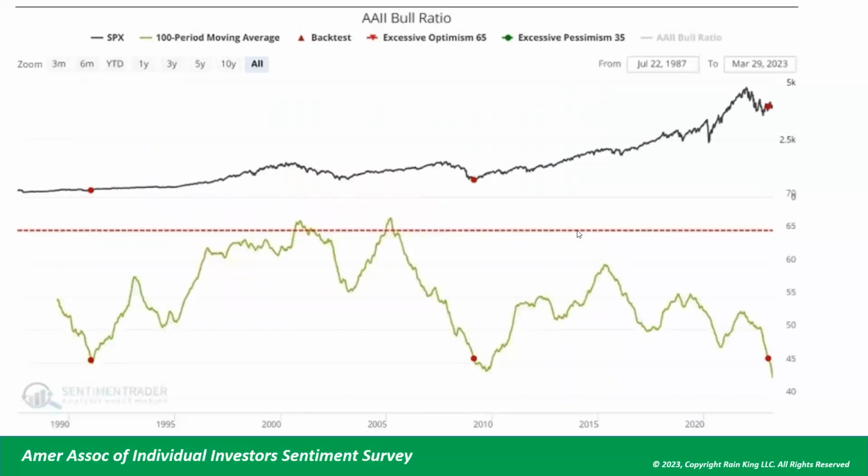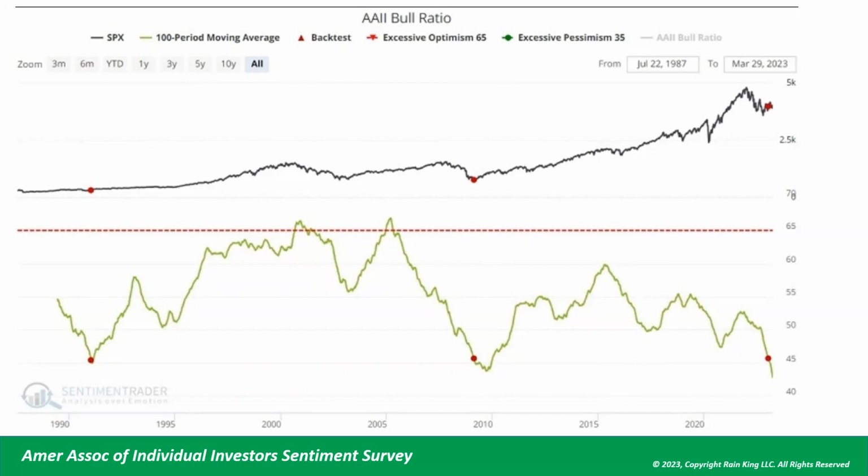This is the AAII bull ratio. This comes from Sentiment Trader. Now, this is looking at a green line, which is a rolling 100-period moving average of the American Association of Individual Investors sentiment reading, which is basically retail investors. And you can see a very, very long-term chart.